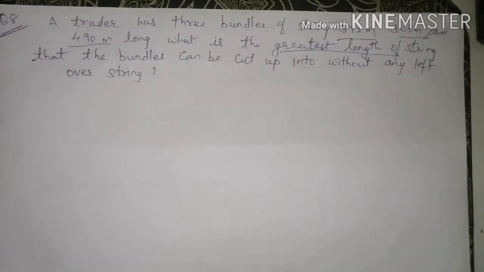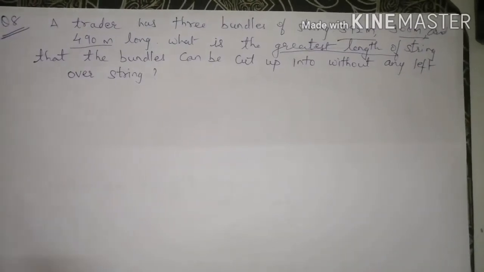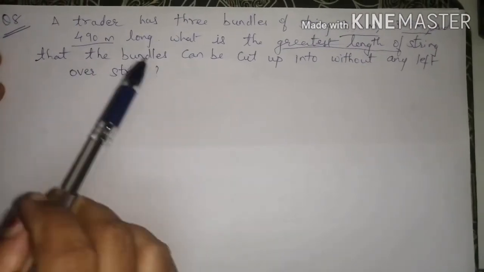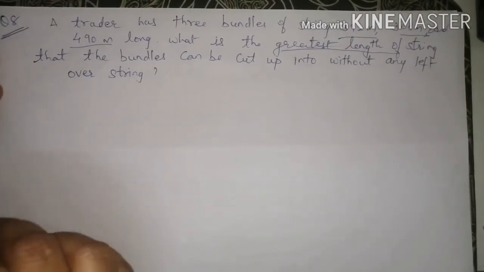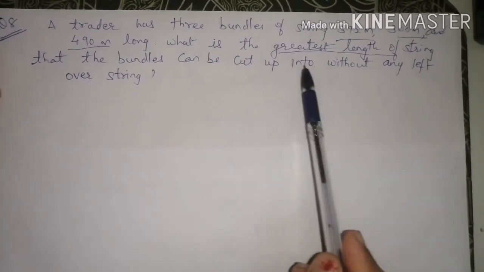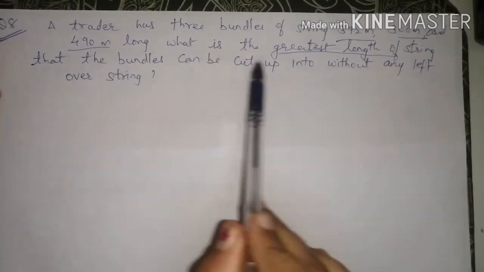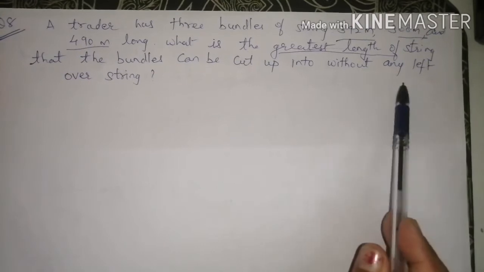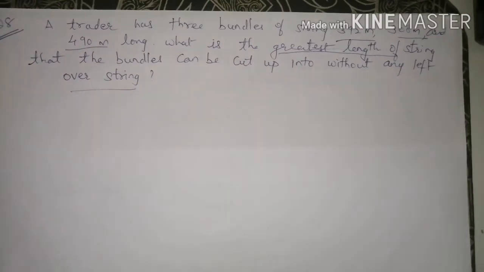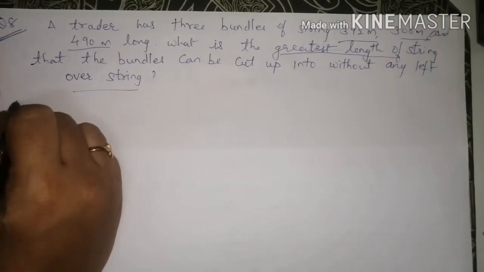Greatest means here we have to find out first the HCF. From these 3, what will be the common? That will be your HCF, and that is the greatest length that can be found without any leftover string. So let us find out the HCF first.